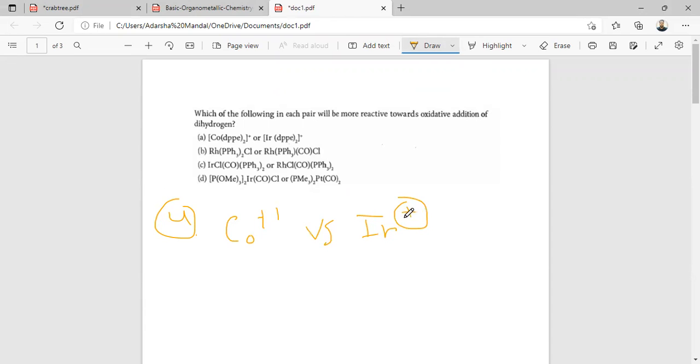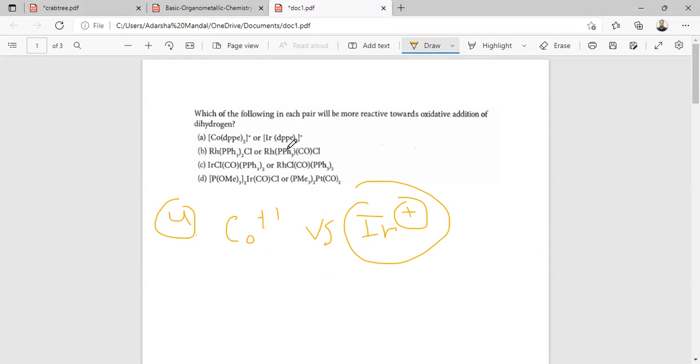So between cobalt and iridium, going down the periodic table, the electronegativity of the metal decreases. So the electron density on iridium is higher in energy, so it will donate more electron density to the sigma star of dihydrogen during the oxidative addition reaction.